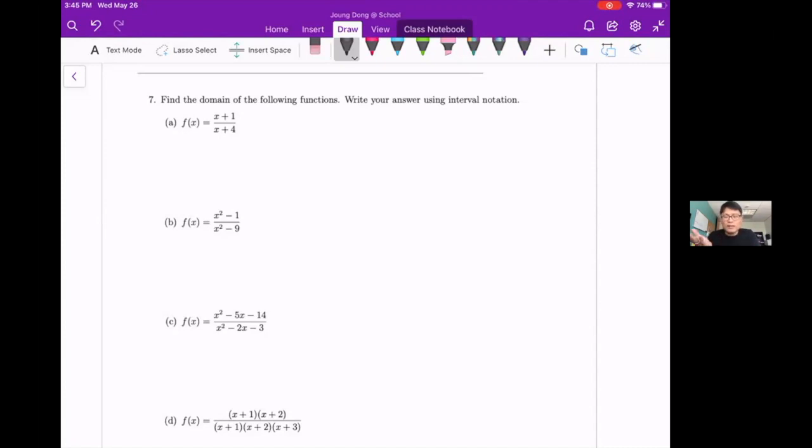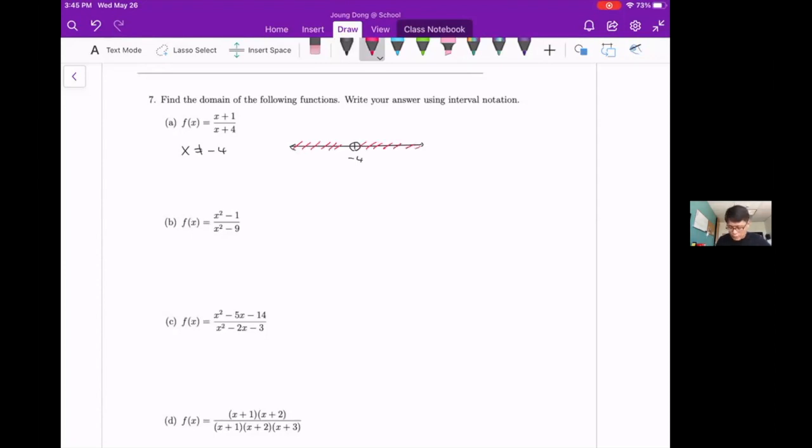But what about the interval notation? That is easy. Whenever you are confused about interval notation, please use the number line, okay? That is the easiest way. On a number line, we know x cannot be equal to -4. So on the number line, this point is not yours, but this part and this part are yours, okay?